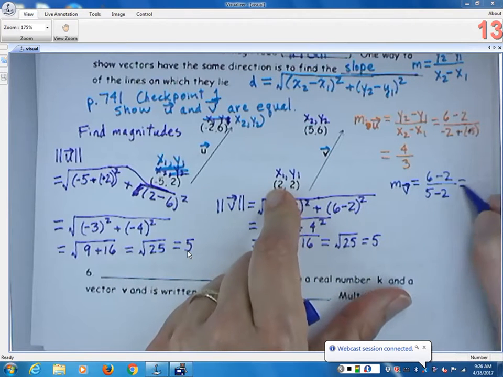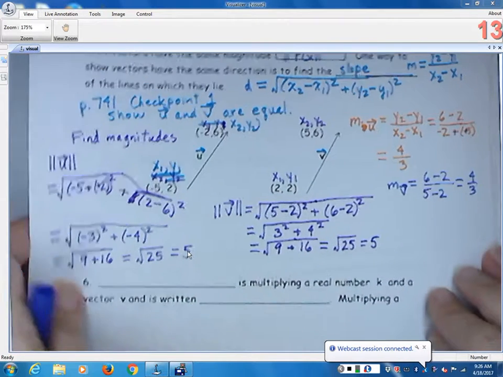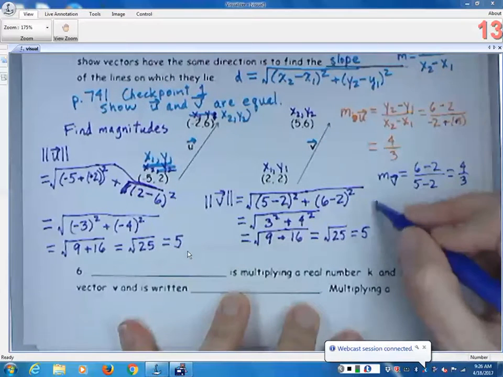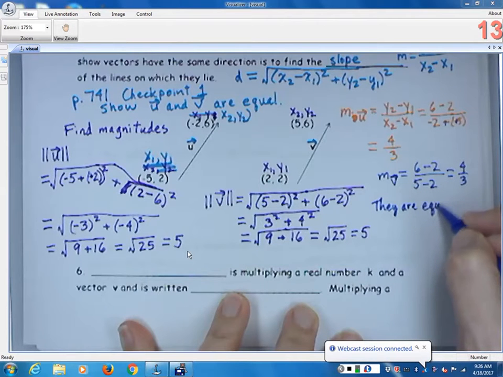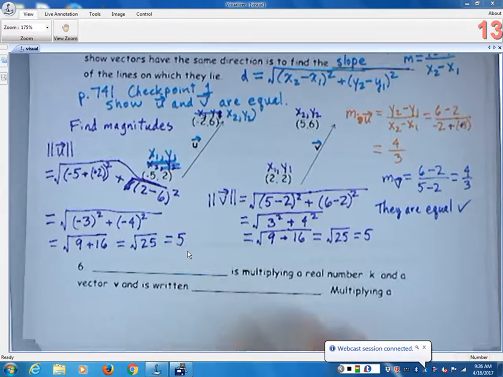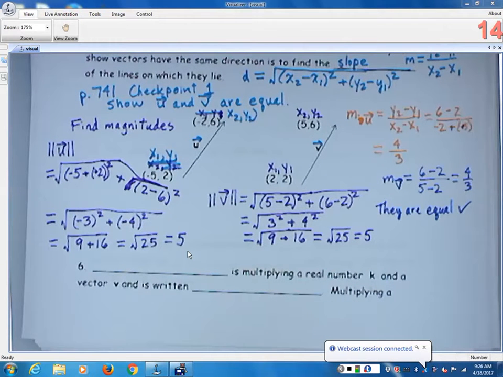That's 4/3. So they're equal. Okay, so we find the magnitude, we find the direction, with the slope. We've got to define the points the same way.